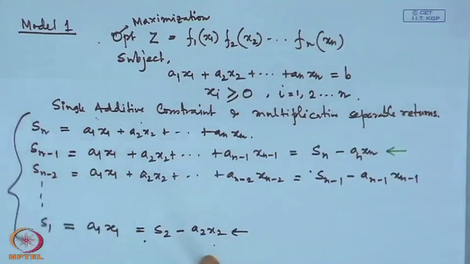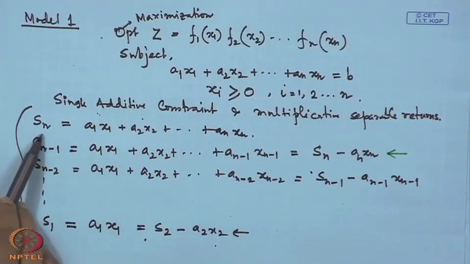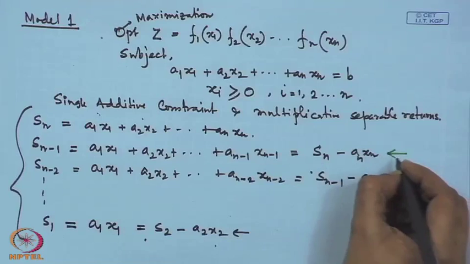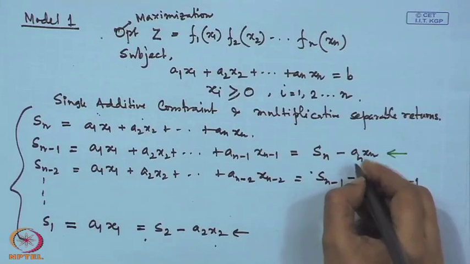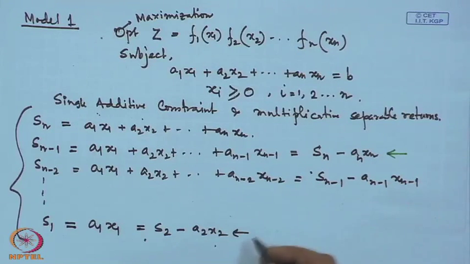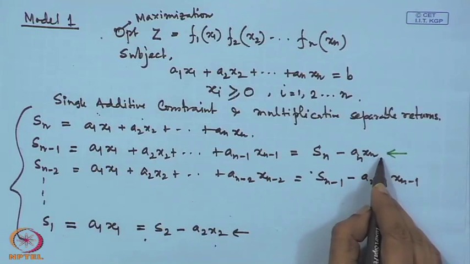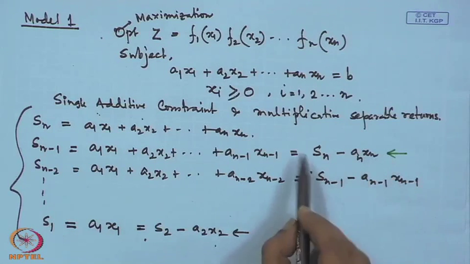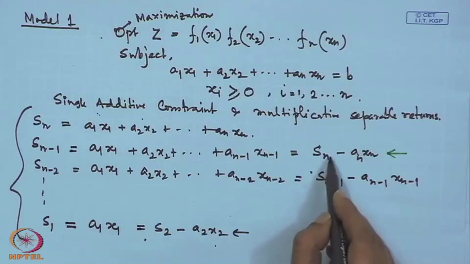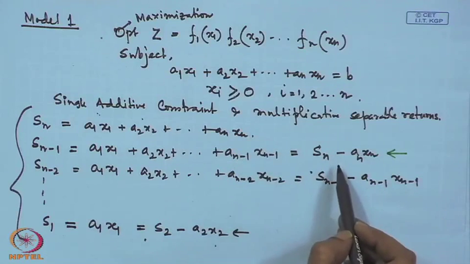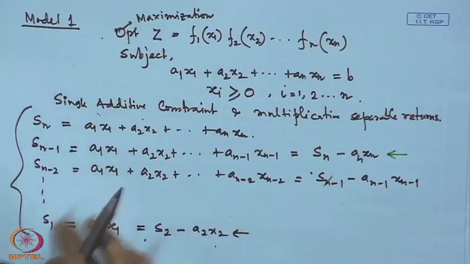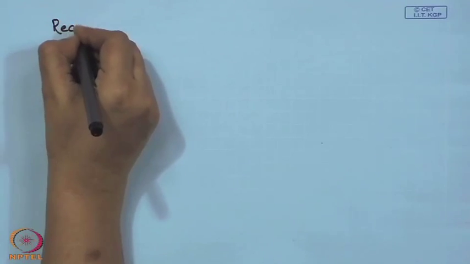Now, we have formed the stages, we have formulated the state variables, we have defined the state transformation equation for individual states. This transformation is responsible to move to the next state, that means it is dependent on the previous state. In this way, we can formulate the recursive formula in this fashion.